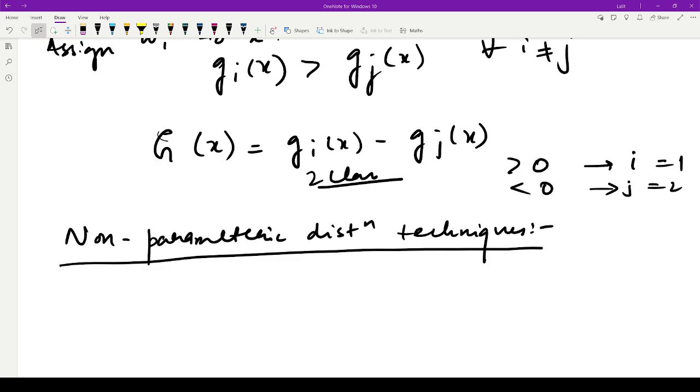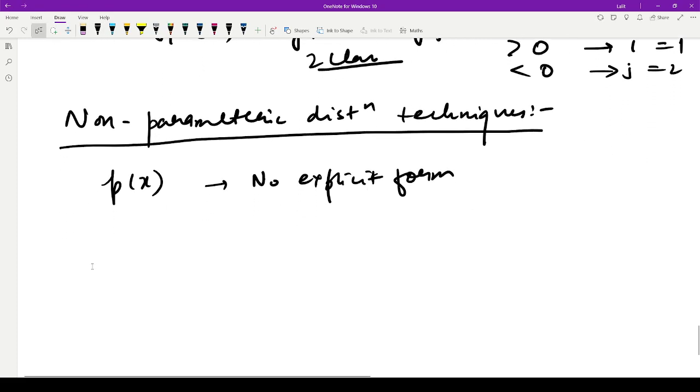Of course, you again need to find a probability function p of x, but you don't want an explicit form. No explicit form is there. The two generally used methods are the Parzen window method and k nearest neighbors.